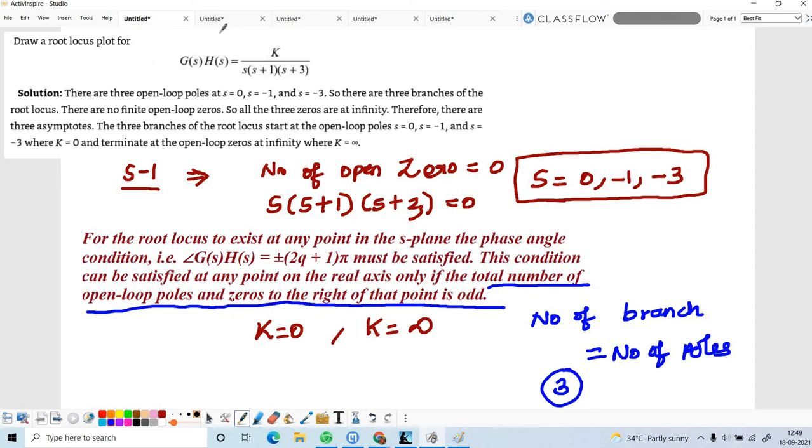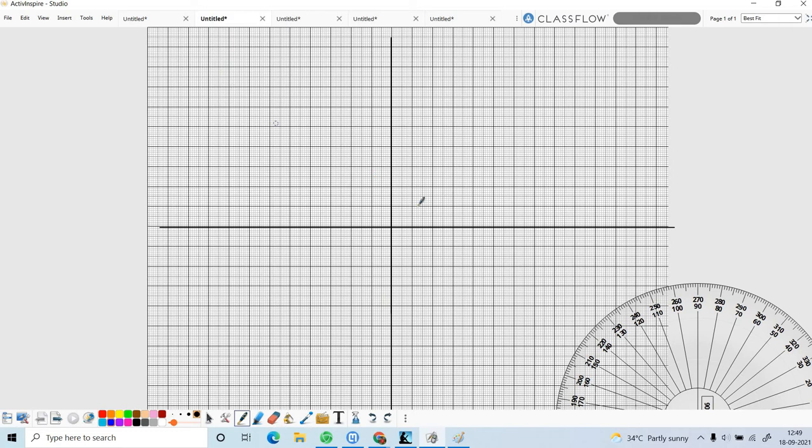Now I am going to plot the open loop poles and also the root locus branches. First of all, I am going to mark the axes. Here this is the sigma real axis and this is the j omega axis, the imaginary axis.